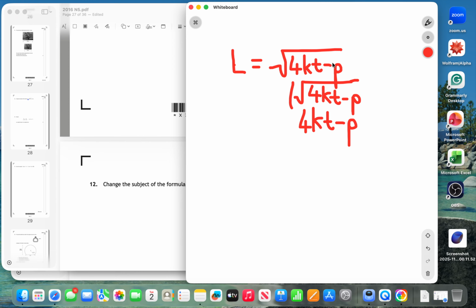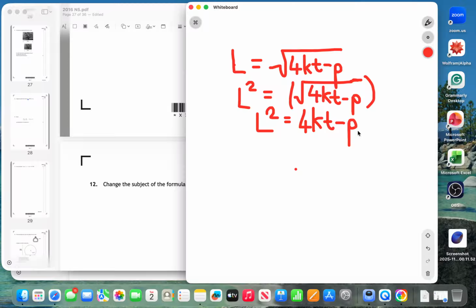But because the minus p is inside the square root, we don't do that. So we have L squared equals 4kt minus p.